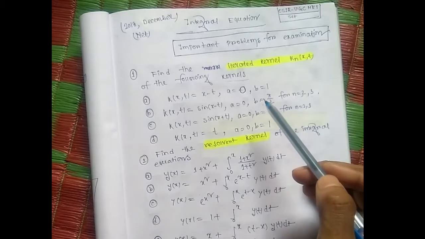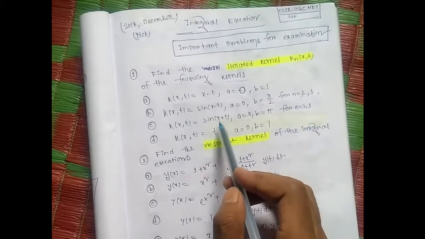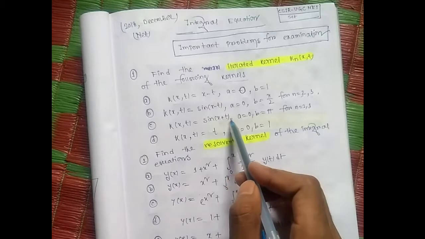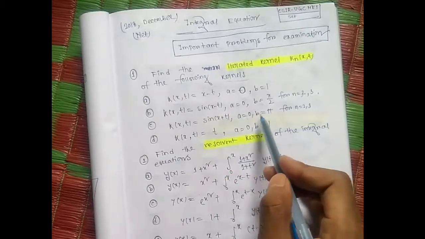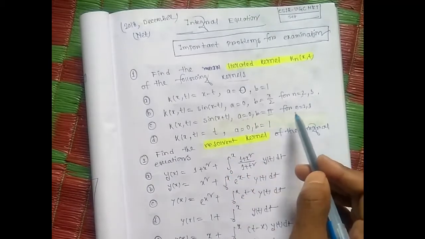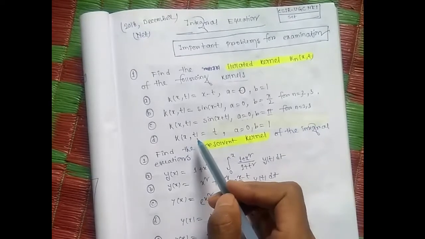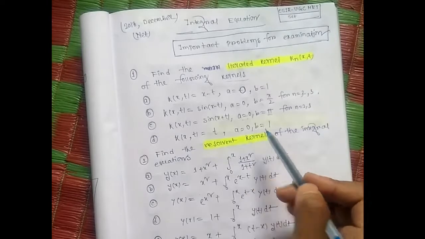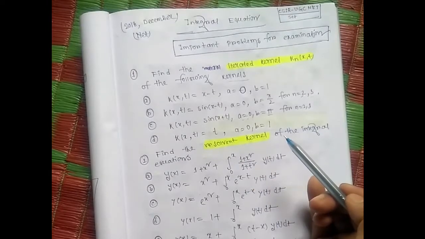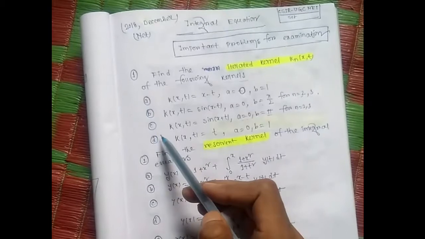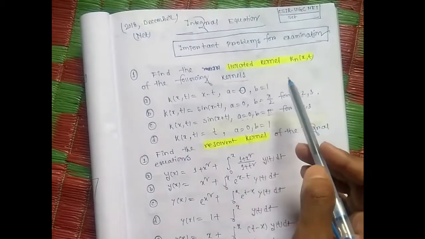Third: K(x,t) is similarly sin(x plus t), with upper limit pi and lower limit 0, for n equal to 2 and 3. And last: K(x,t) is t, where a equal to 0 and b equal to 1. So there are 4 questions to find iterated kernels.